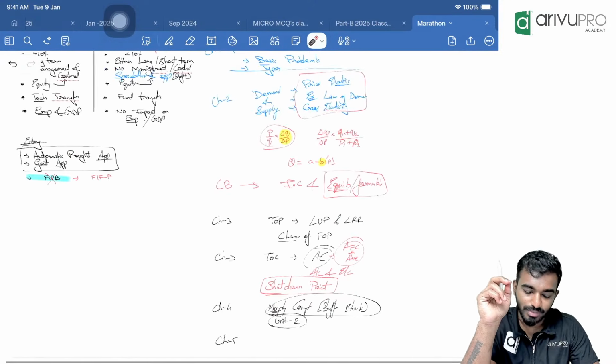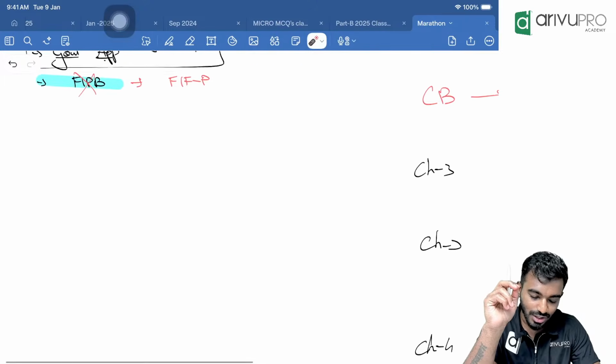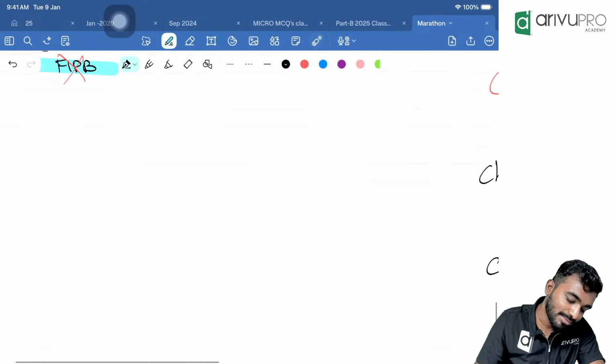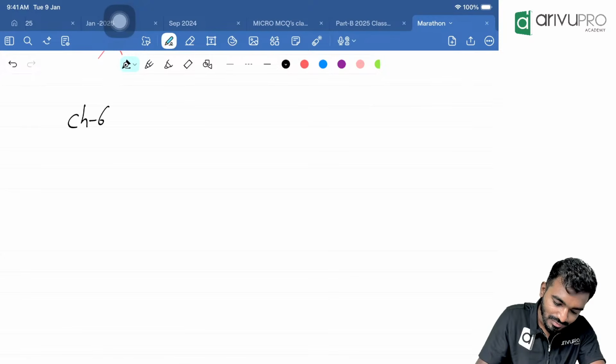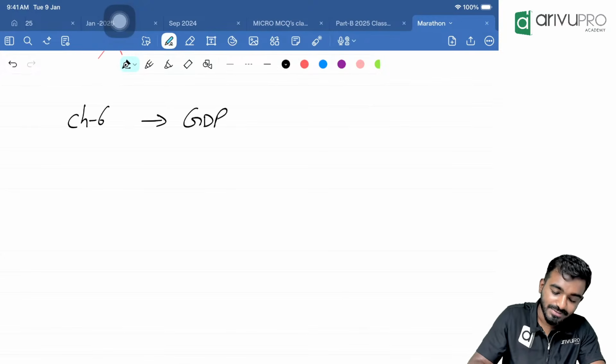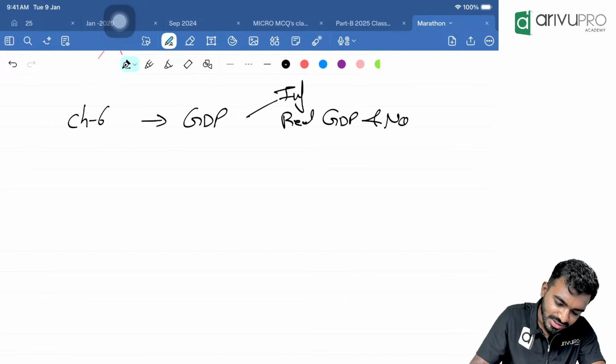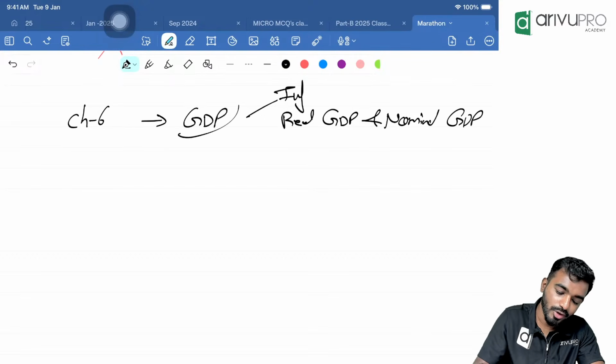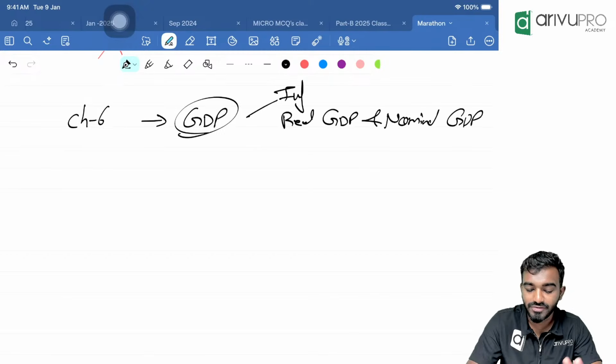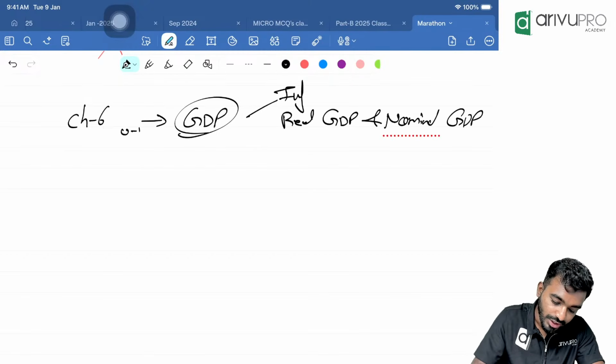So this is related to micro. And macro, specifically when we speak about chapter 6, GDP calculations, especially inflation rate, real GDP and nominal GDP, this calculation is most important. Without doing this, don't even enter into the exam. This is in unit 1.